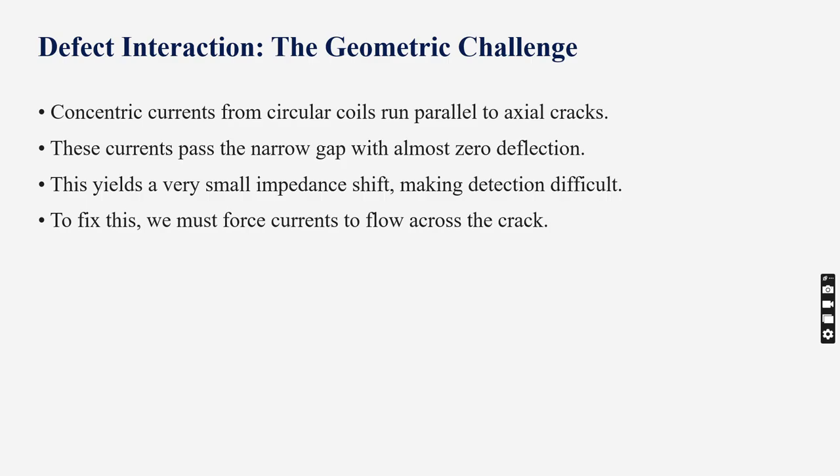Because current can flow along the crack without crossing it, the current path is barely deflected. This results in an extremely small change in the coil impedance, making axial cracks almost invisible to the standard circular sensors.